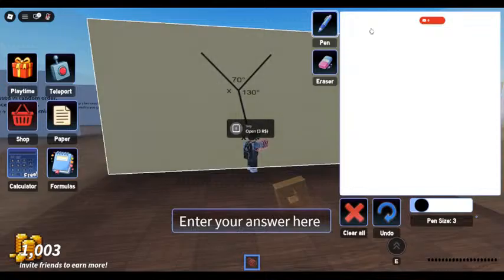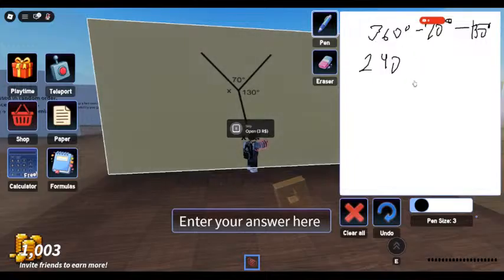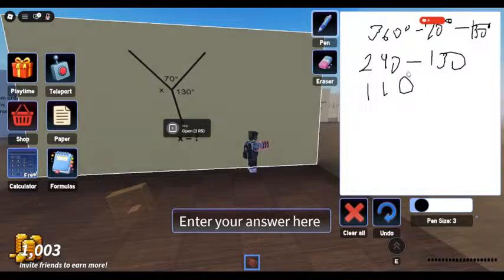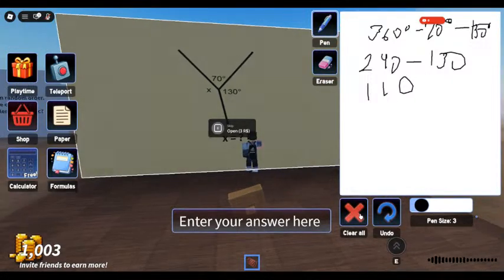So it's 360 degrees minus 70 degrees minus 130 degrees. 360 minus 70 would be 290, right? Yeah, 290 minus 130, which then we will be left with 110. Wait, is it? Okay, I think I messed something up.